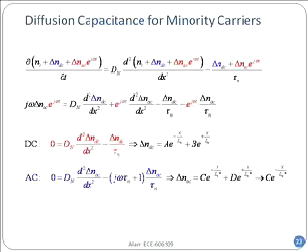If I redefine tau n divided by this 1 plus j omega tau n, if I redefine the whole quantity as if it's an AC lifetime, then these two equations are mathematically exactly the same. Do you see that? As a result, their solution will be exactly the same also, except this Ln, which is square root of Dn multiplied by tau n, that changes. But other than that, it's exactly the same equation.